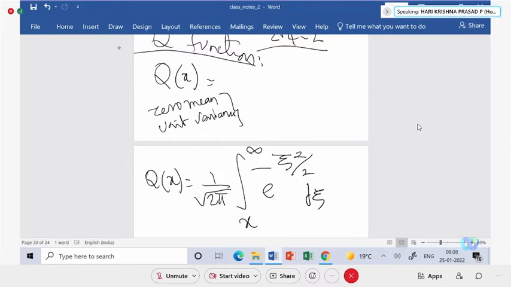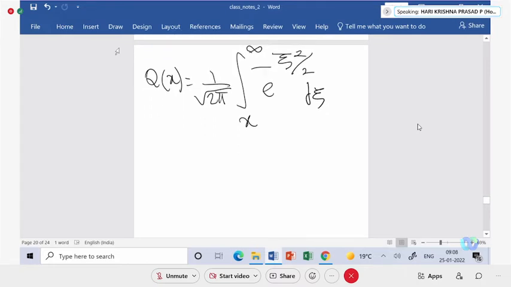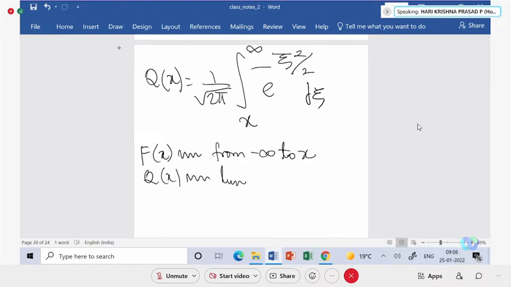Would you appreciate this? Now I have changed the limits. Earlier, whenever I wrote the distribution function f of x, the limits are from minus infinity to x. But when I wrote q of x, the limits are from x to infinity.